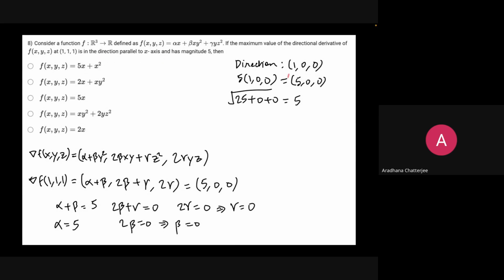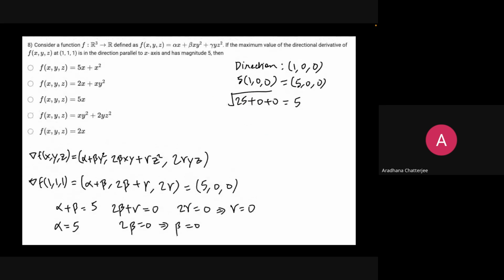Parallel to the x-axis means any form of (1,0,0). They've also said that it has magnitude 5. If it has magnitude 5, then the first element has to be 5, because magnitude is the norm. So based on that, we got this. Whatever we get as the directional derivative has to be equal to this.